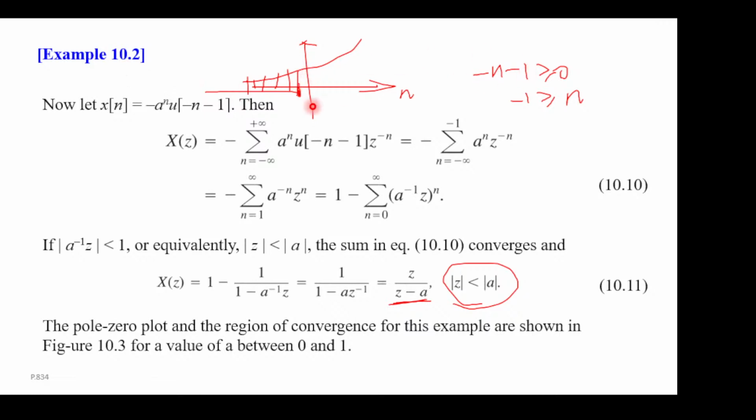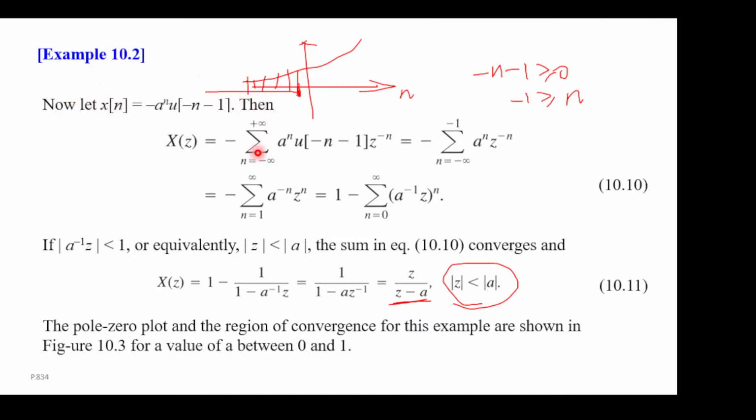And we have u of minus n minus 1, and we want this to be bigger than or equal to 0, which means that your n is less than or equal to minus 1. So we are taking n from minus 1, minus 2, minus 3 to minus infinity. Okay? And yeah, then is this thing, and let's see how this transform goes.